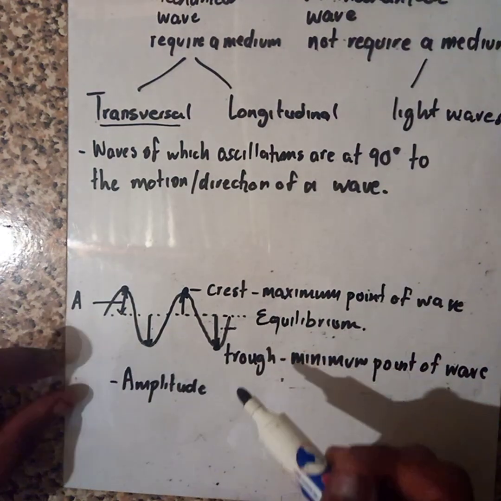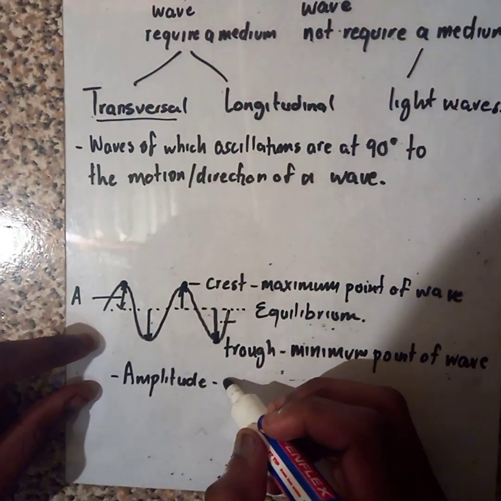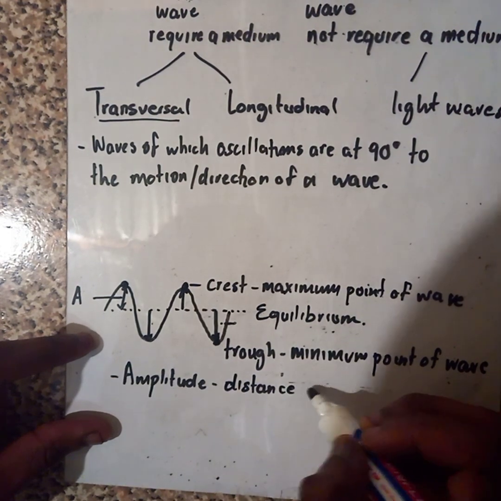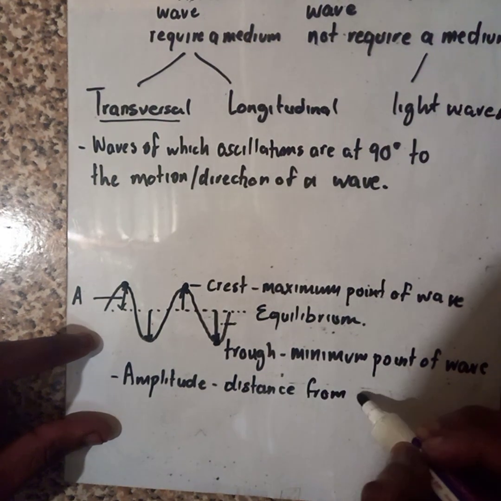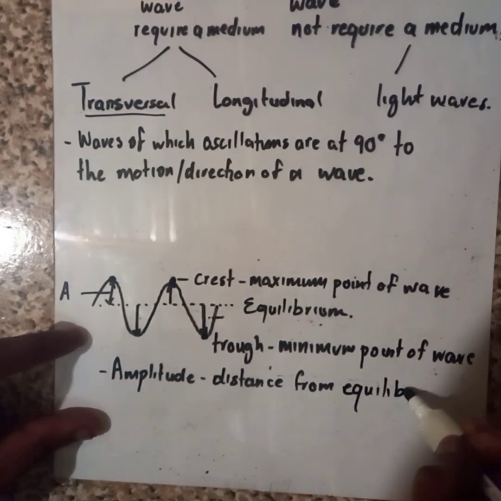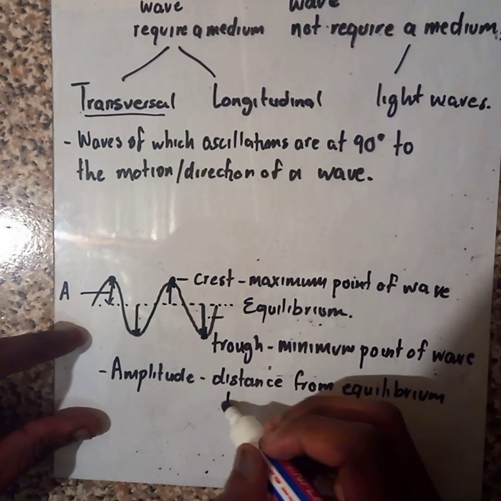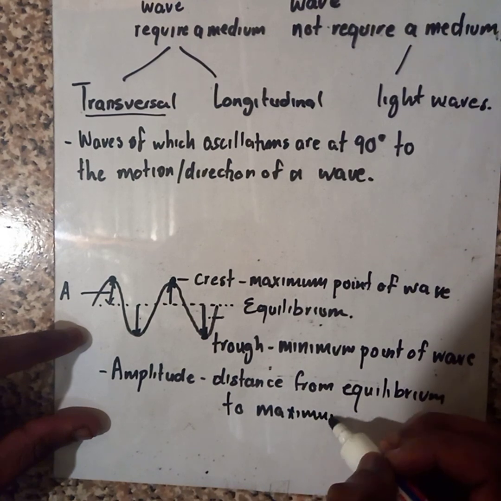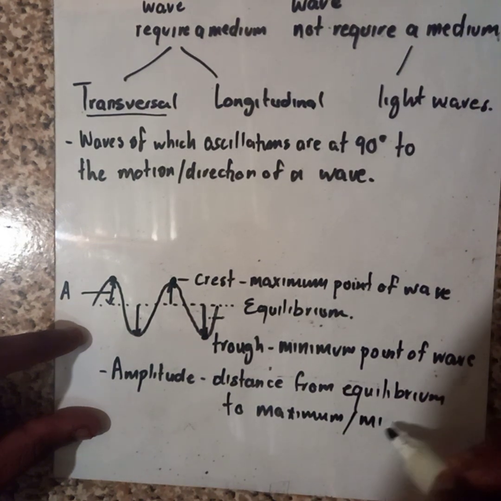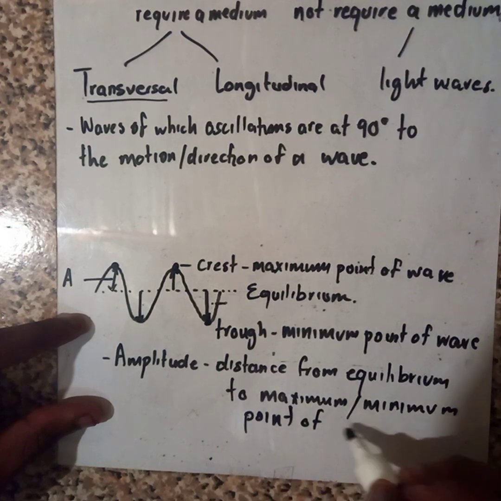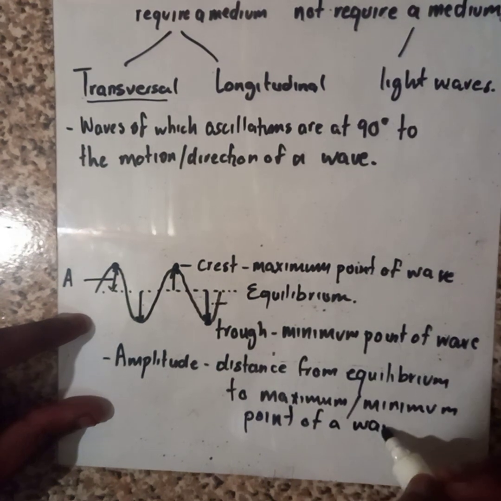Amplitude is the distance from equilibrium to the maximum, or even the minimum point of a wave.